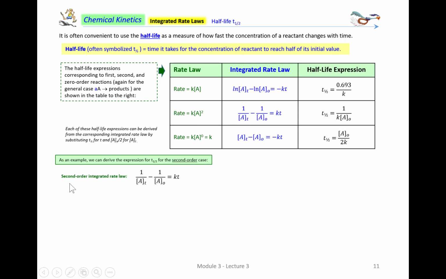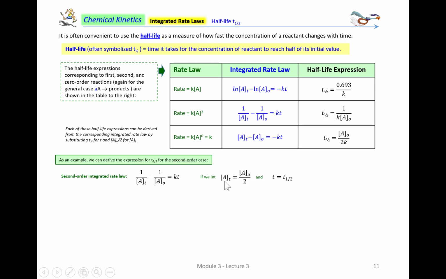The integrated rate law for a second-order process is written right here. It's 1 over the concentration of A at some future time t minus 1 over the initial concentration of A equals the rate constant times the time. Now remember, our job is to find the half-life, the time it takes for half of the initial concentration to disappear.